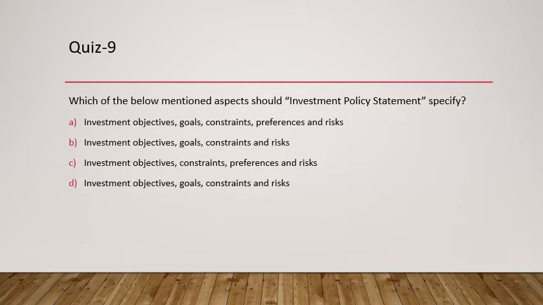Well, investment policy statement can talk about investment objectives, goals, constraints, risks, all those factors, but it would be great if it includes the following factors, which is investment objective, goals, constraints, preferences, and risks. So essentially, if you are including all these five factors, you are making a very decent investment policy statement or very acceptable policy statement, right?